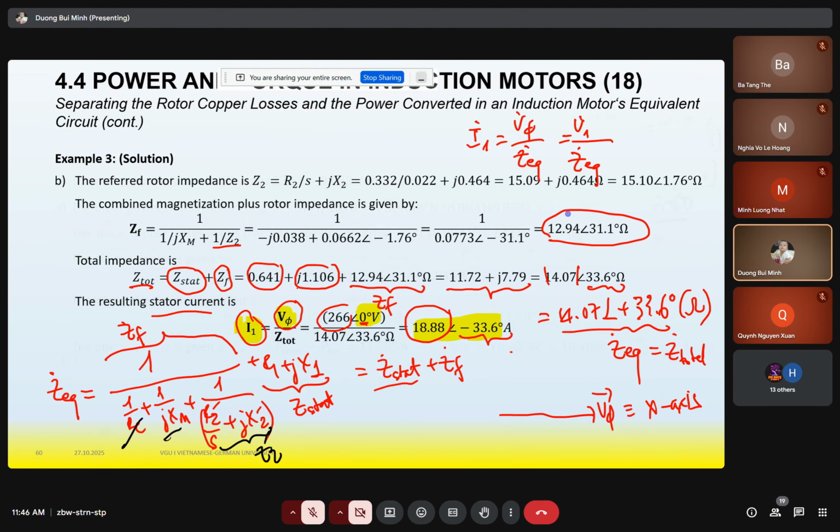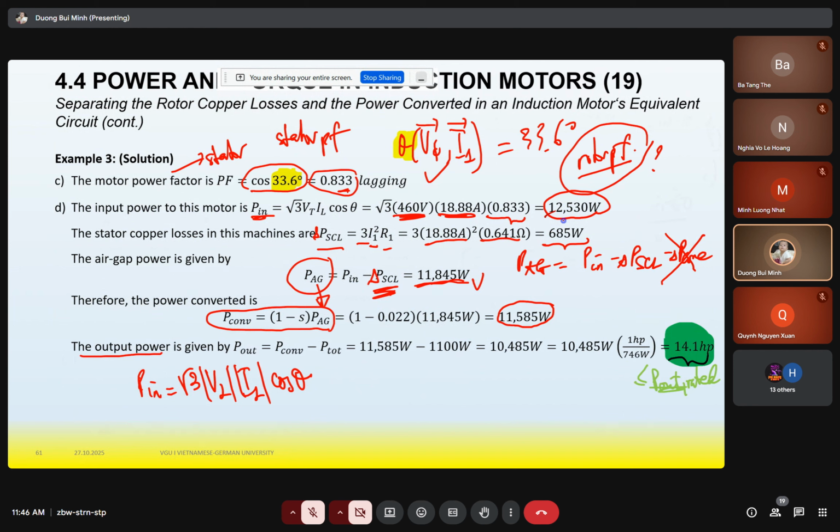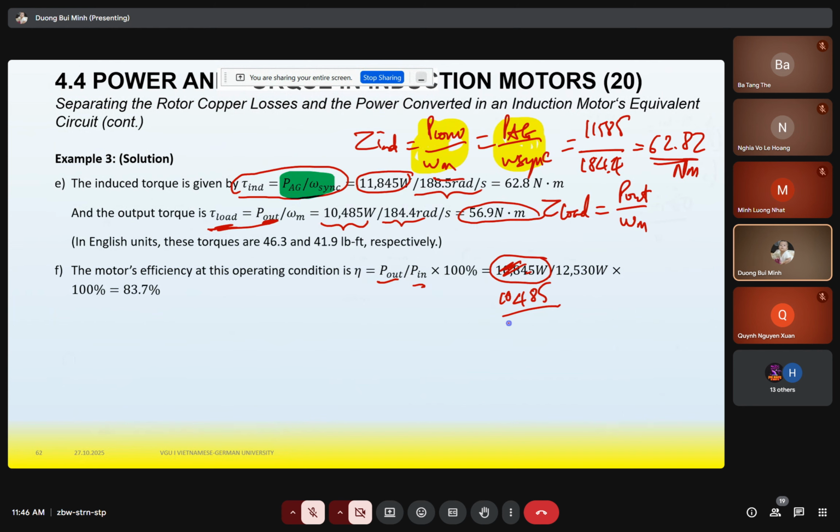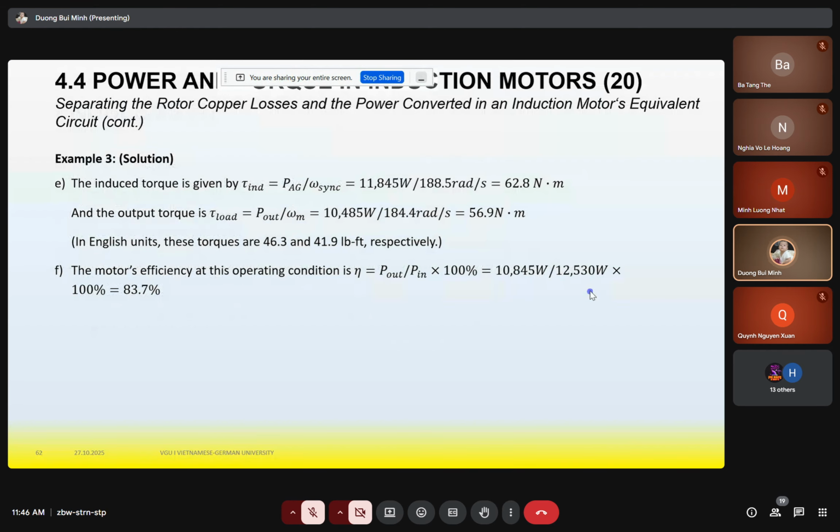Here, 12,530. So we can get the efficiency, 83.8%. Okay, so we finish the example. Any questions?